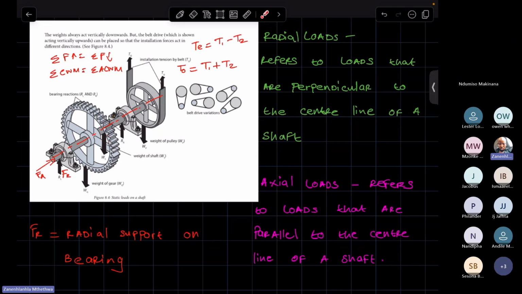For calculating the reactions supporting the radial loads, so loads that are perpendicular to the line of action, you'd essentially be calculating the radial supports at the bearings.